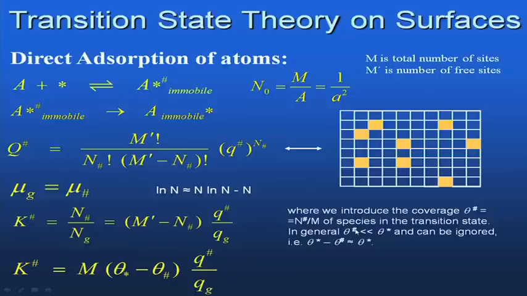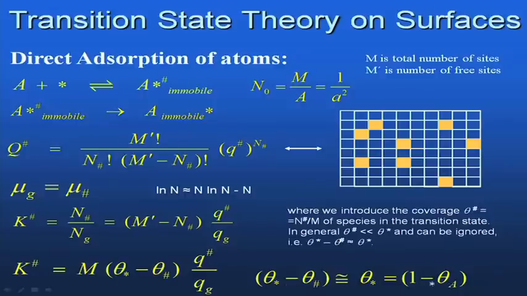So, activated means the moment it collides, it first forms this, and then this immobilized one gets transferred to this one. So, this refers to this particular state. If I approximate this too, then your theta star is nothing but 1 minus theta a.